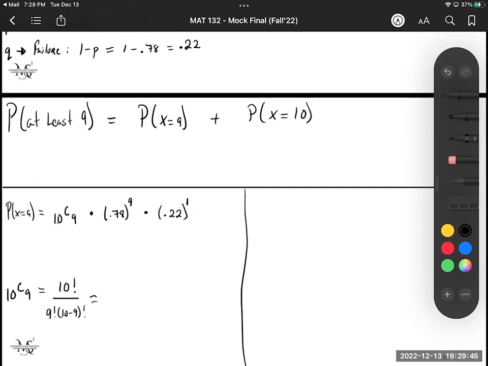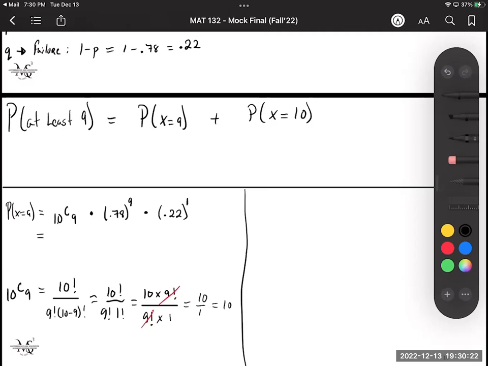Which factorial is bigger in the denominator, 9 factorial or 1 factorial? 9 factorial. So you could rewrite the numerator as 10 times 9 factorial, divided by 9 factorial times 1 factorial. But 1 factorial is just 1. The 9 factorial in the numerator and denominator cancel, and you're left with 10 divided by 1, which is 10.